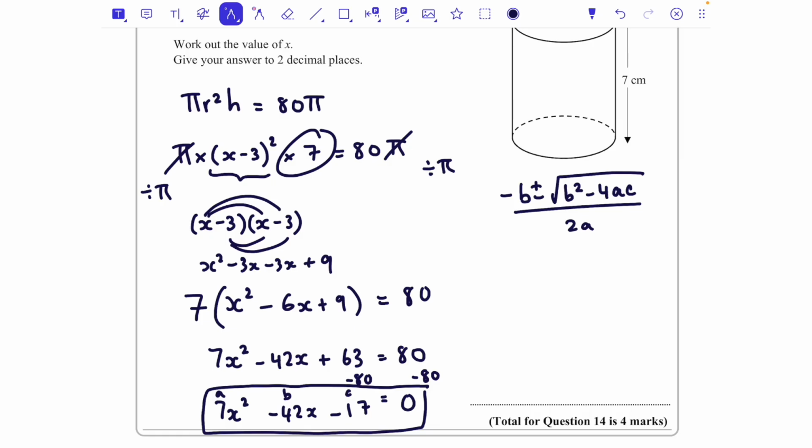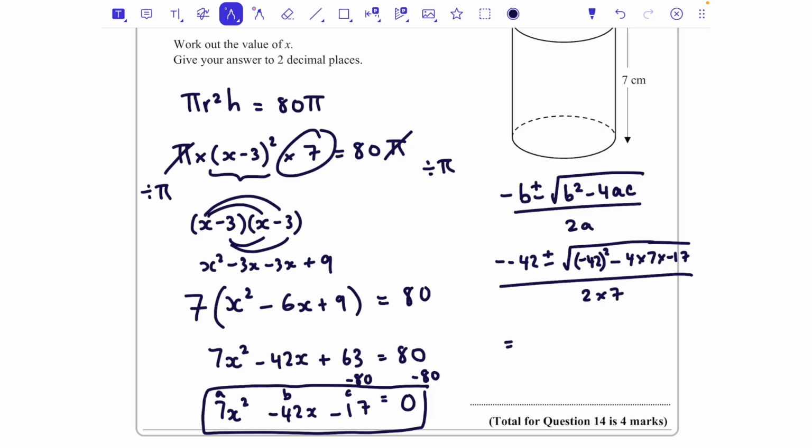So we're going to do minus 42, so you can just write 42, plus or minus the square root of, now, if you're putting minus 42 in here, you'll need to put it in brackets, because a negative squared is a positive, so if you just want to put 42 squared, that's fine. Minus 4 times 7 times minus 17, all over 2a, which is 2 times 7 or 14.